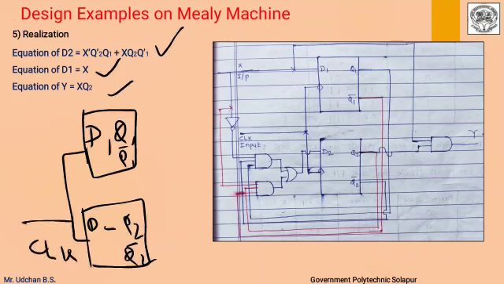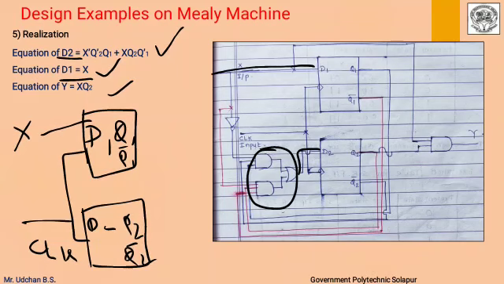Now for D2, this combinational circuit is formed and it is given as an input to the D2. We already know how to construct a combinational circuit from the given Boolean expression. For D1 the equation is x, so I will connect x directly to D1. We have connected this D1 over here.